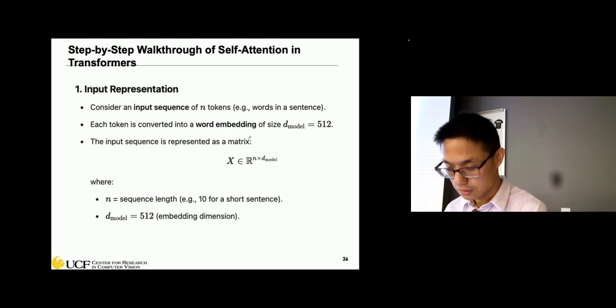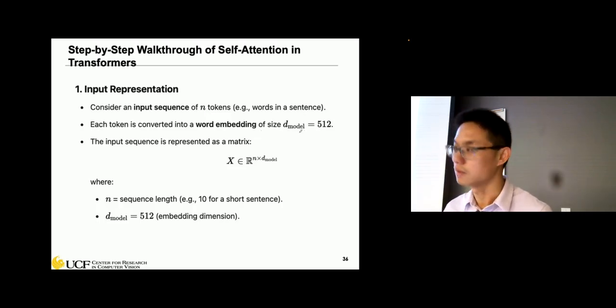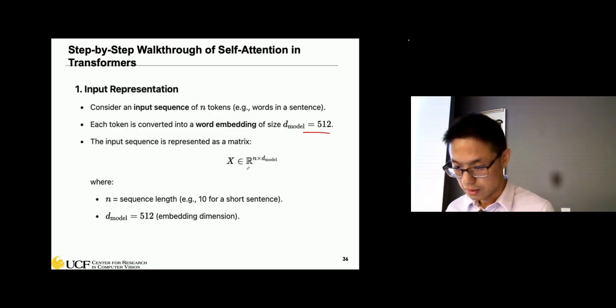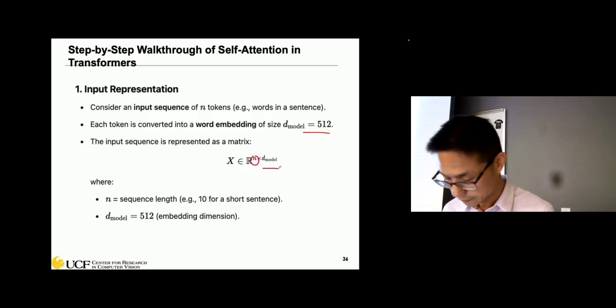Here I'm using different notation: this d_model means the word embedding dimension, like the d_e before, where the e indicates embedding. So we have the word embedding 512. We use this X matrix to indicate the input sequence, so we have n word embeddings, each with d_model dimensions.